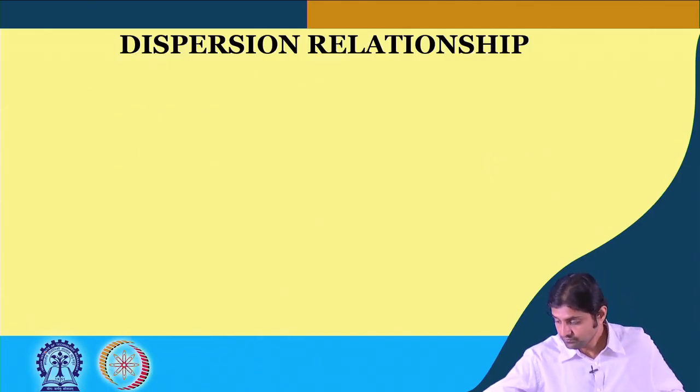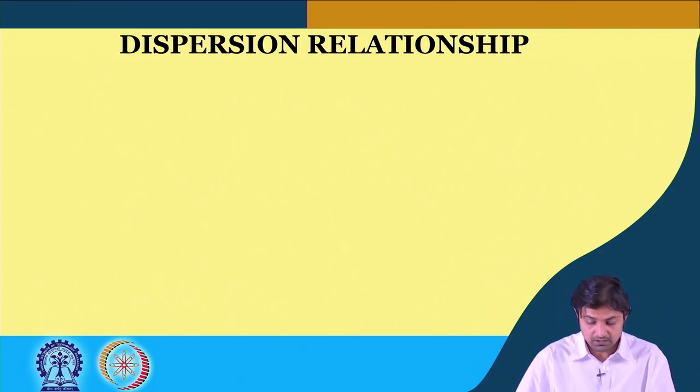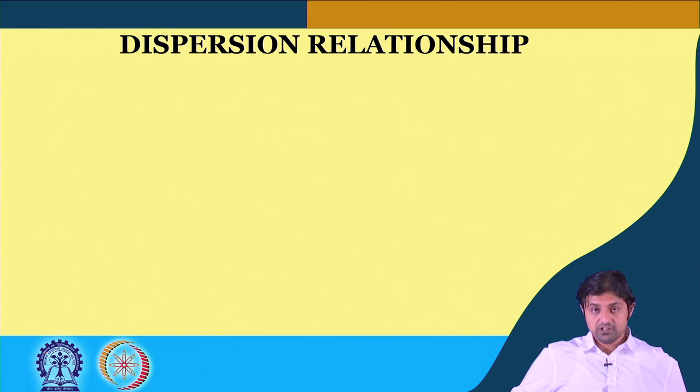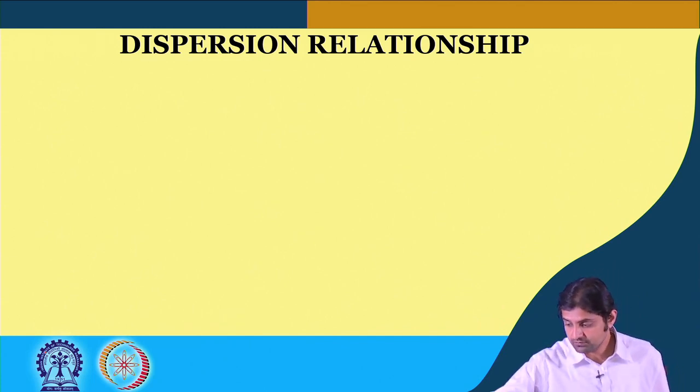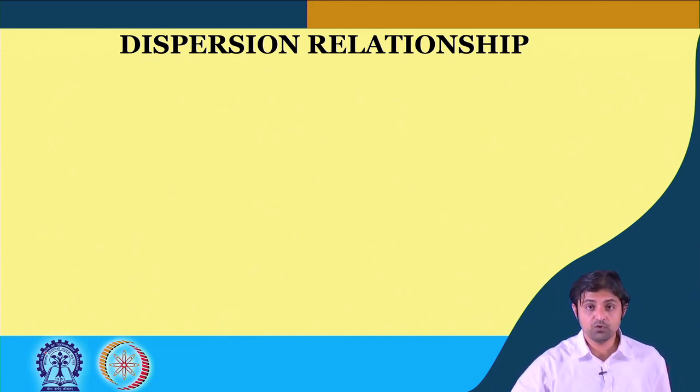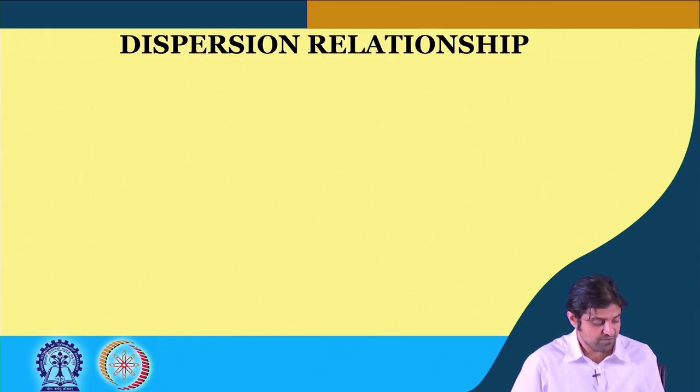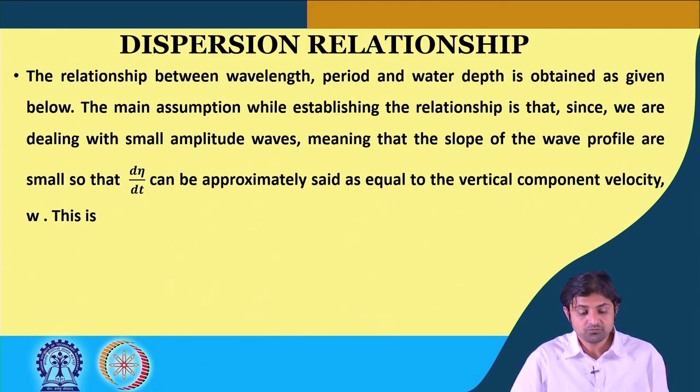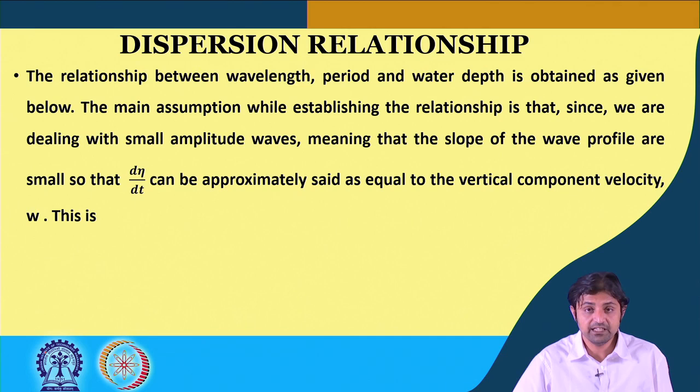Now, one important thing after this derivation of the velocity potential is something called the dispersion relationship. That is one of the core concepts of wave mechanics. The relationship between wavelength, wave period and water depth is obtained as given below for the dispersion relationship.